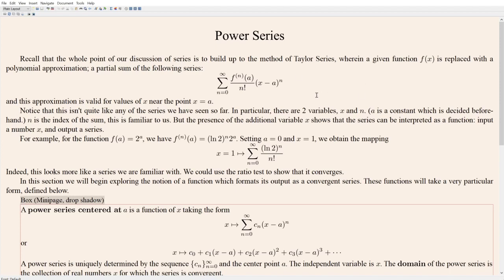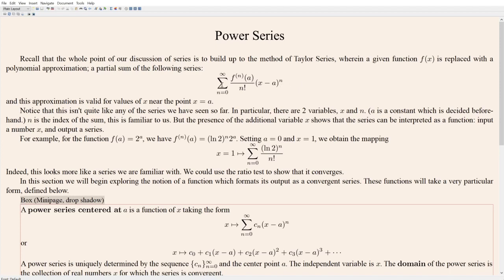So each term of the series has a higher order derivative. And this approximation is going to be valid for values of x near to the point a. So if you're only interested in values of the function close to, say, x equals 5, you would compute the Taylor series for a equals 5, and then maybe take like the first 5 terms of that.